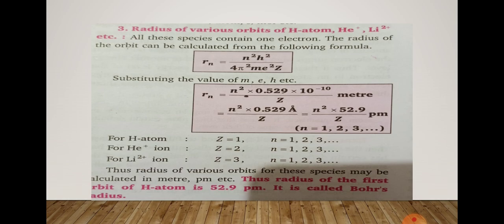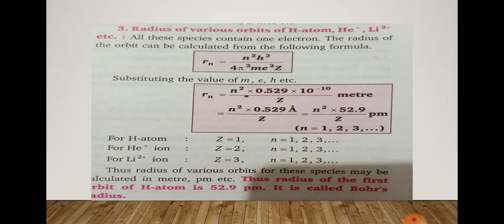Rn is equal to n²h² upon 4π²me²Z. Here m is the mass of the electron, e the charge of the electron, and h Planck's constant. When these values are put in this formula, finally we get the radius.